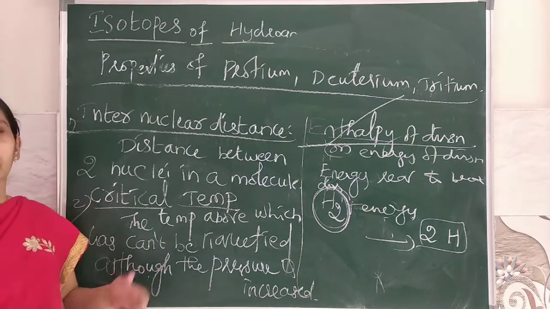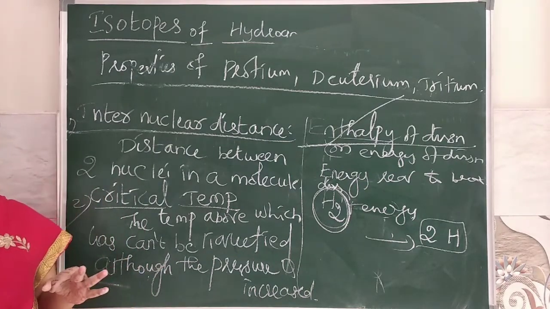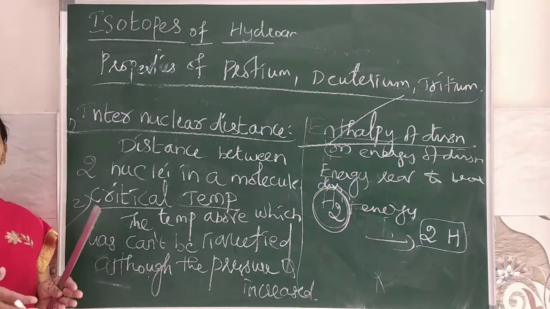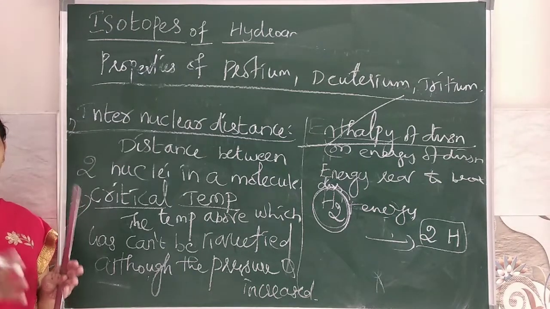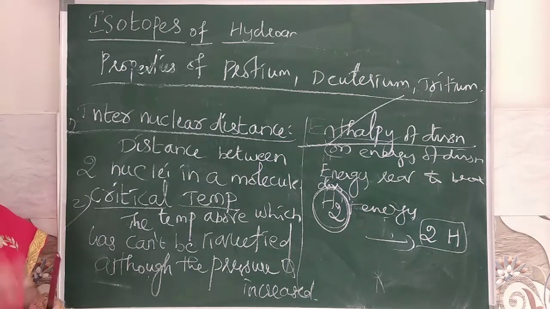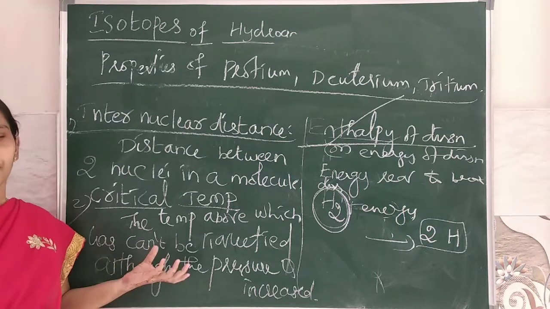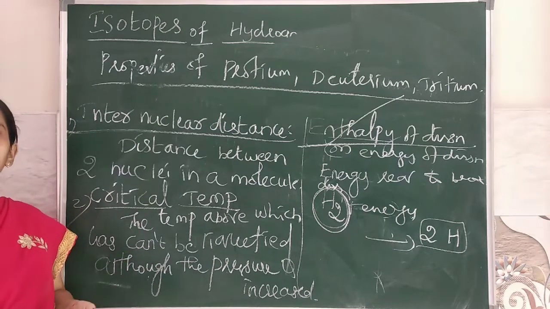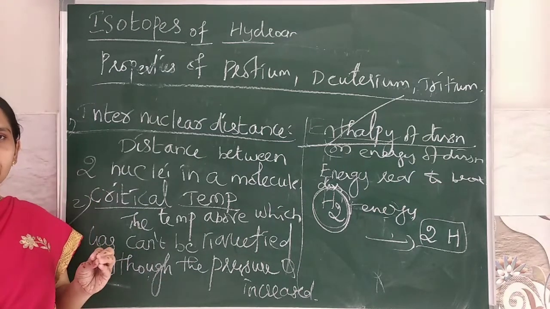What are the isotopes of hydrogen? 3 isotopes: protium, deuterium, and tritium. Among the 3 isotopes, which one is the rare isotope? Tritium is the rare isotope because its abundance is approximately equal to 10 power minus 16 or 10 power minus 15. You should know how to calculate the number of protons and neutrons.